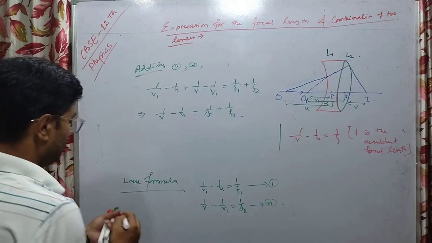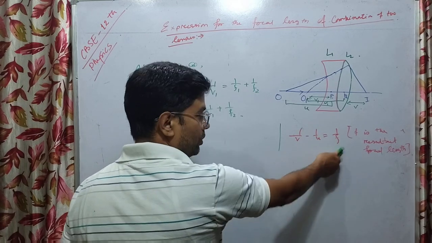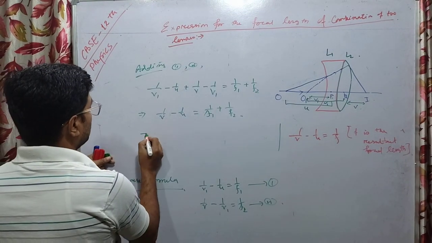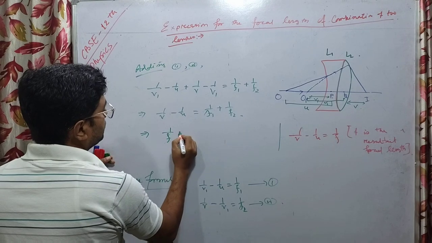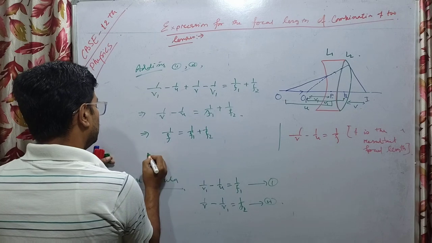Total focal length of the combination. Now I can substitute 1 by V minus 1 by U is equal to 1 by F. Right here, 1 by F is equal to 1 by F1 plus 1 by F2.